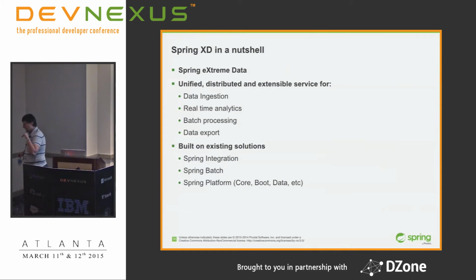But first, in a nutshell, XD stands for extreme data. Extreme data means that its target is, as I said, high volume data processing. It has support for use cases such as data ingestion, like really moving data from, let's say, you're receiving data from MQTT, for example, and you want to store it into HDFS.